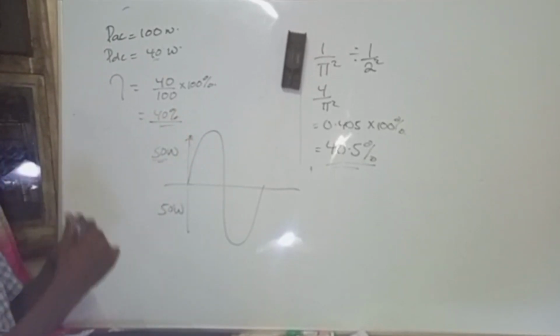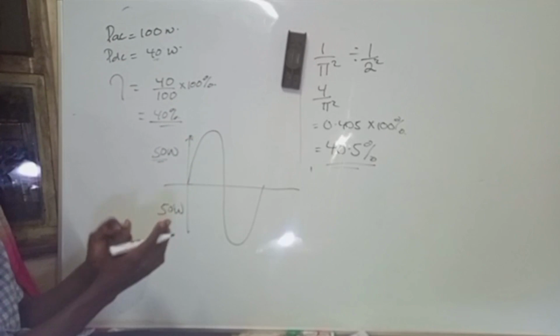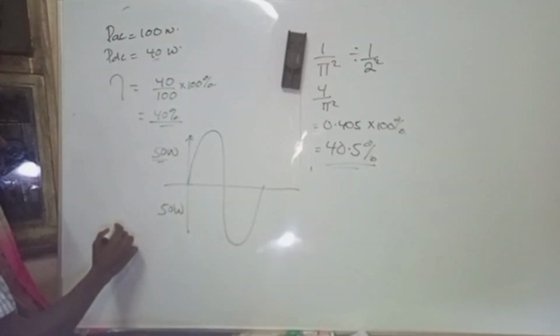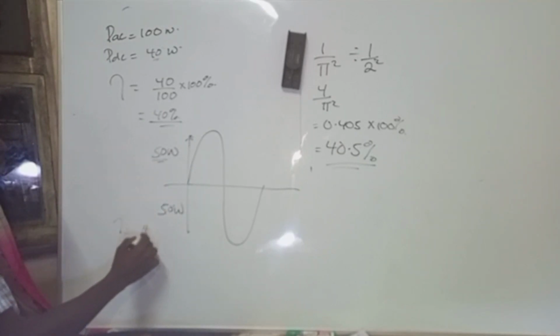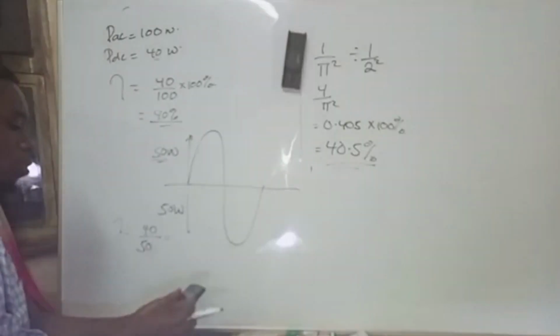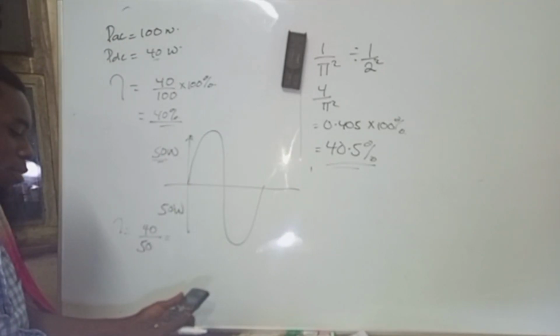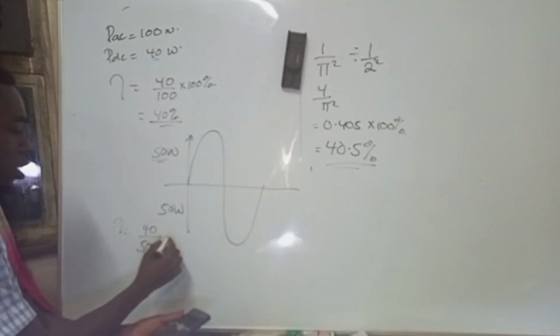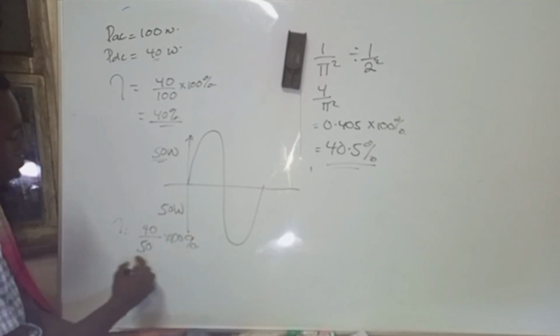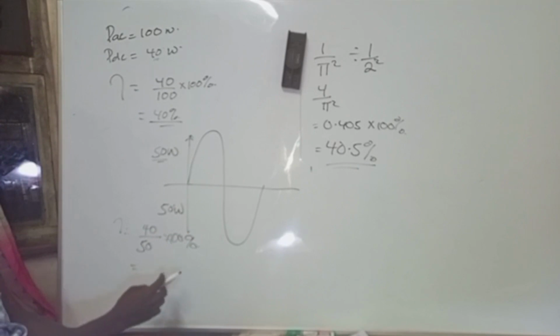Meaning if you're to get the efficiency depending on the power that has been received, it will be the 40 watts output divided by 50 watts, that is 0.8 times 100%, which gives an efficiency of up to 80%.